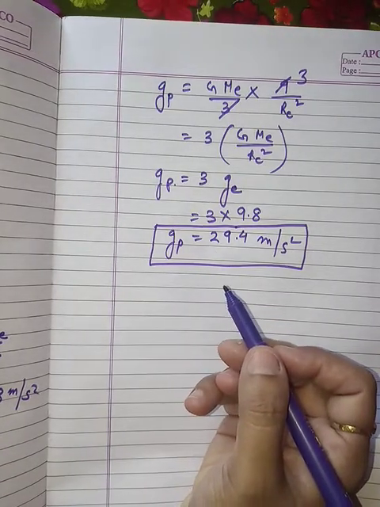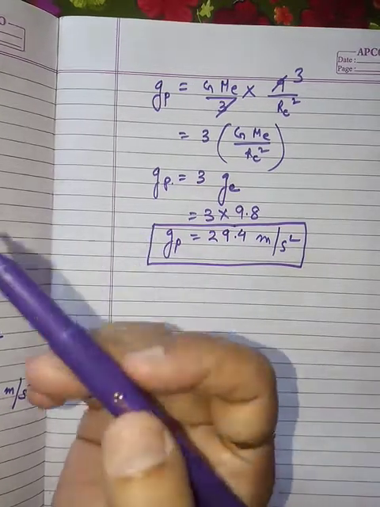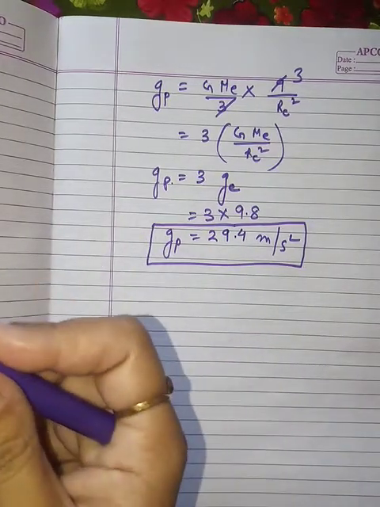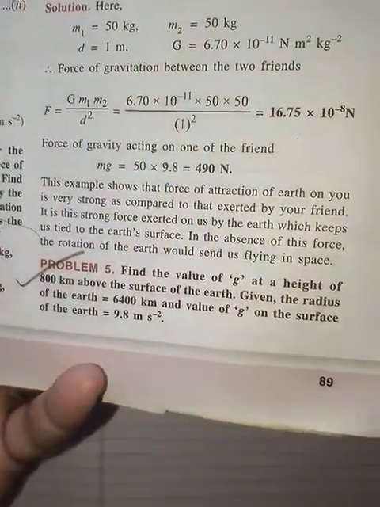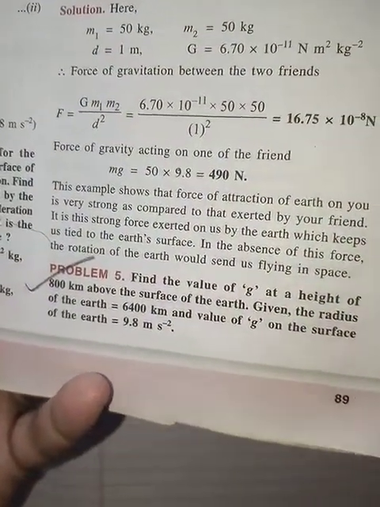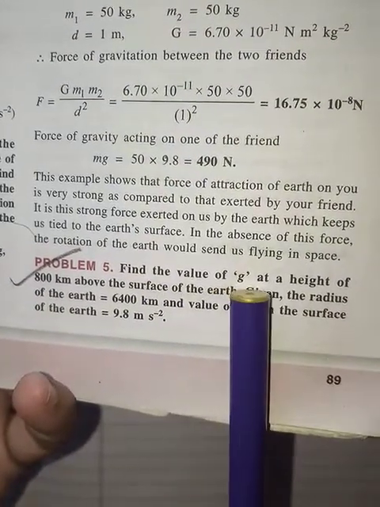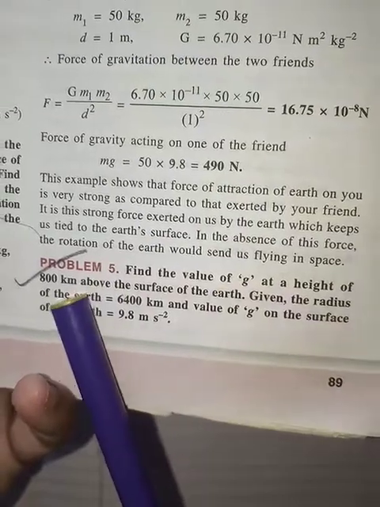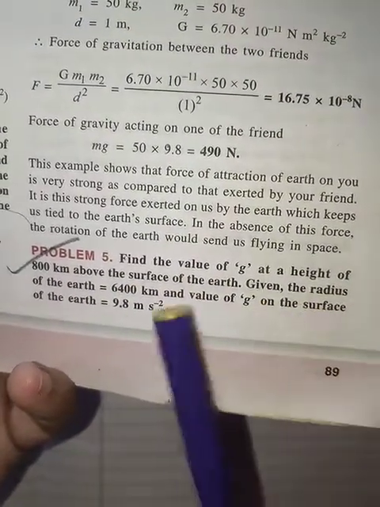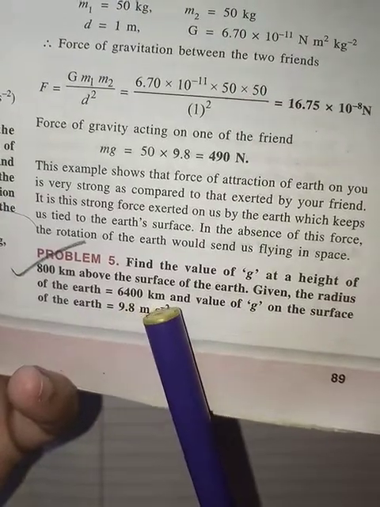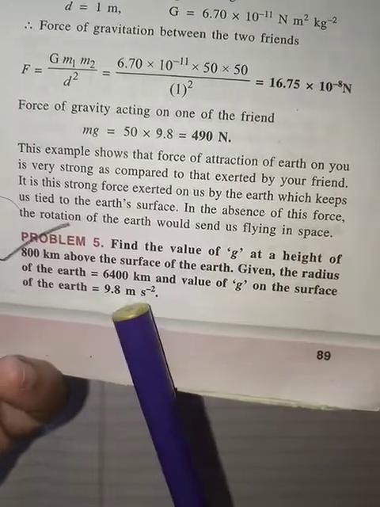This is also an important type of question, which is very important. The next one is problem number 5. Find the value of g at a height of 800 kilometer above the surface of earth, given the radius of earth is 6400 kilometer and the value of g on the surface of earth is 9.8.